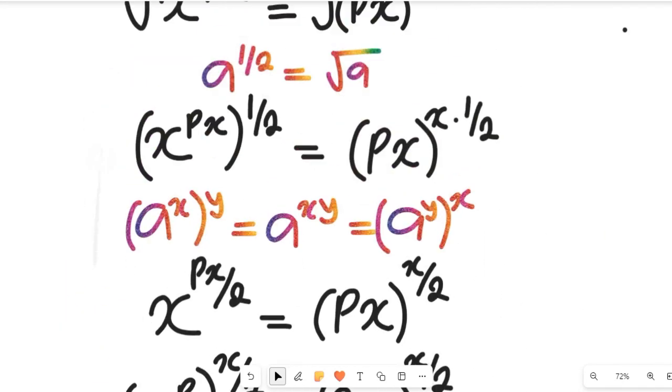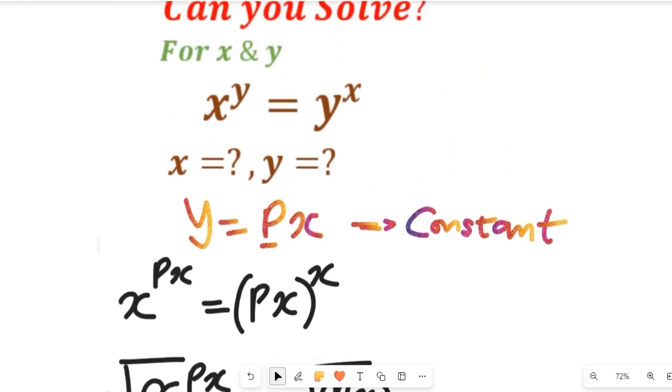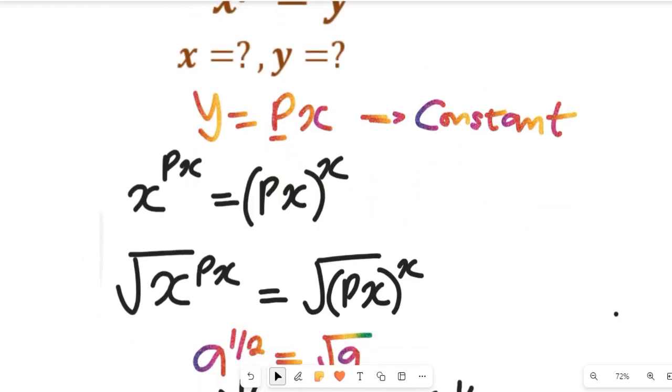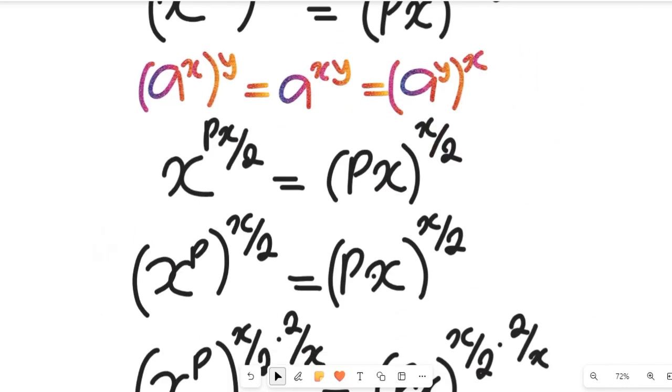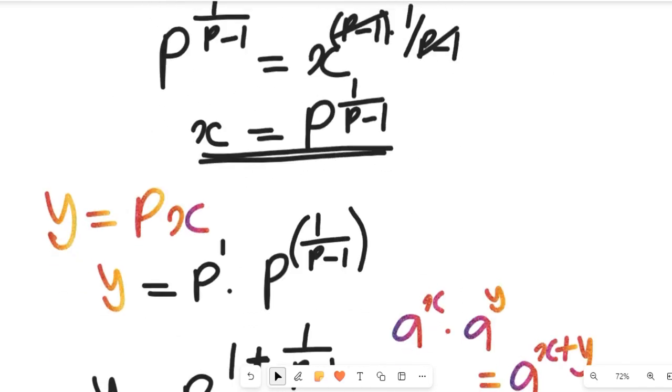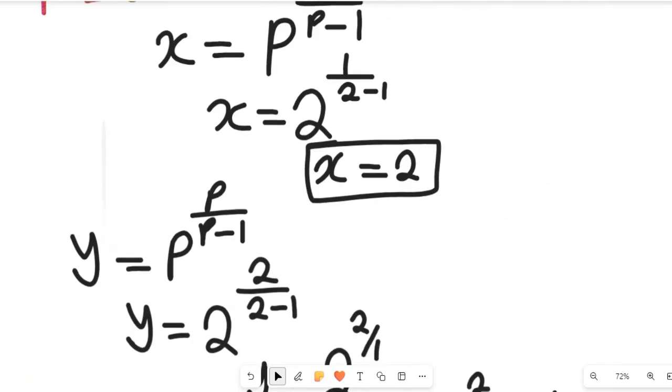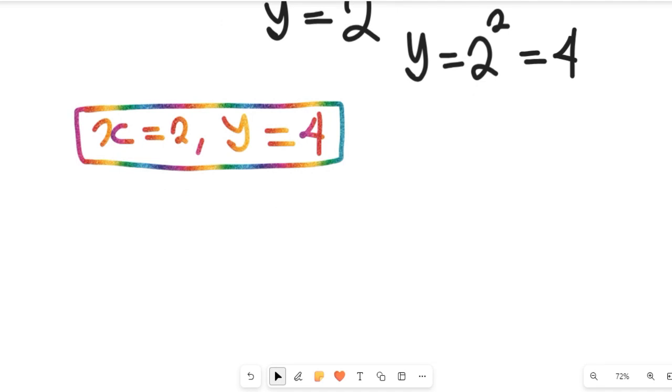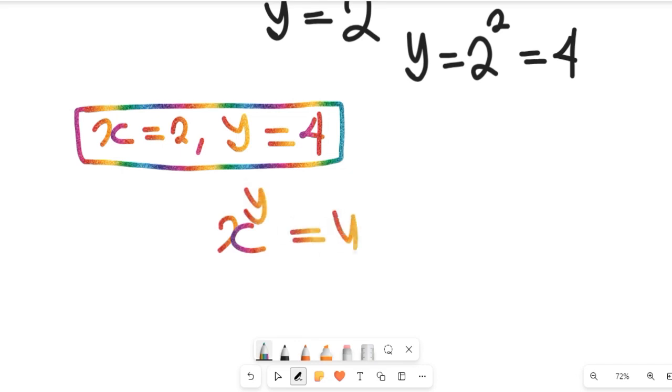Now, let's check back. We were given x to the power of y equal to y to the power of x. So if we insert it there, is it going to give us the same thing? Now, let's check to see if our whole solution is right. We are given x to the power of y equal to y to the power of x.